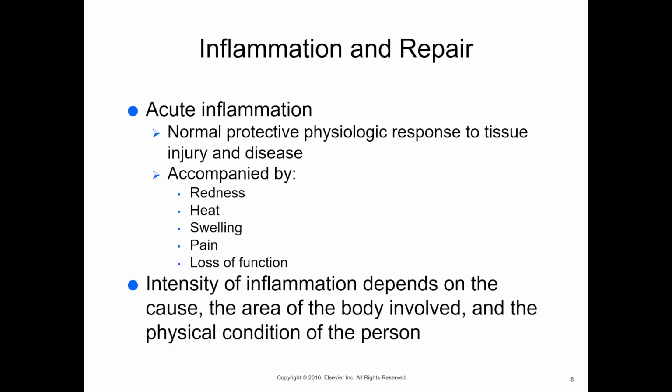So if you've ever injured a muscle, injured a joint, you can see the redness, you see the swelling, you can feel the heat, right? There's a whole myriad of changes that occur. Now, if the inflammation is too intense, that's a problem, right? If it's not strong enough, that can also be a problem and lead to delayed healing. And we have different processes that affect both sides of those things.